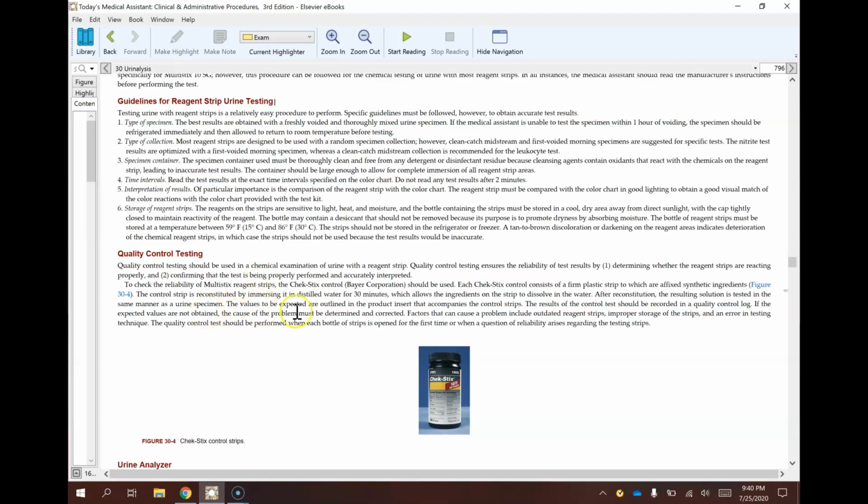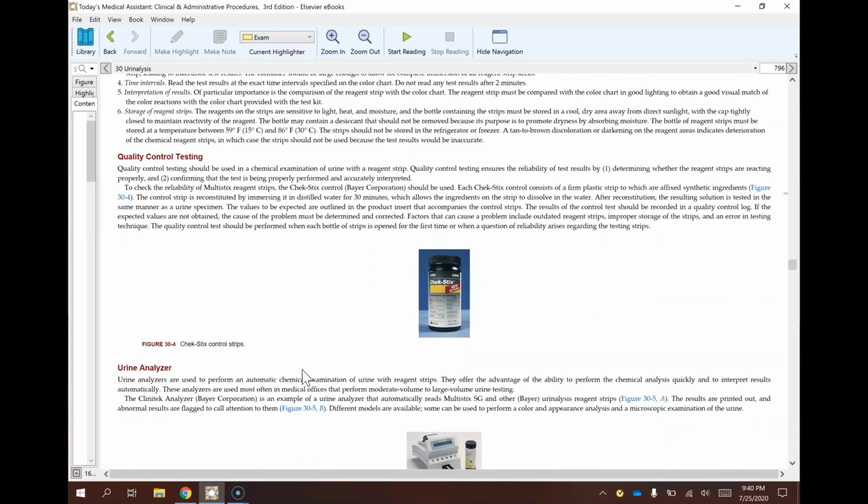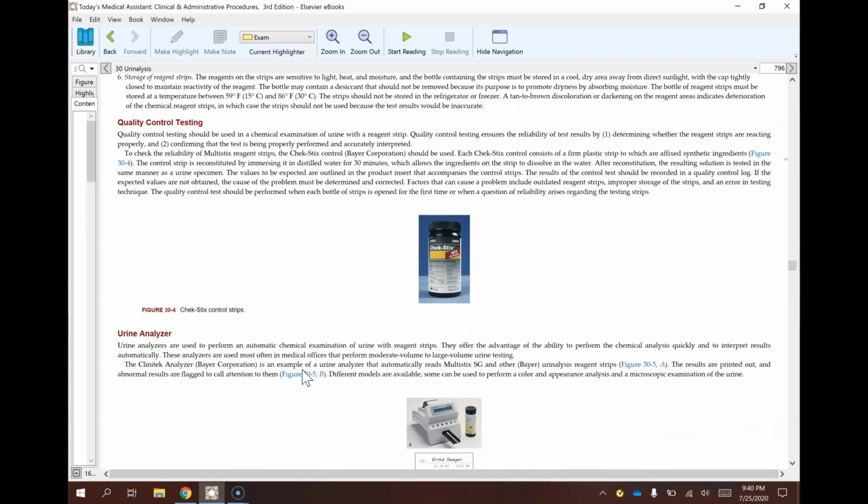Okay, so this is mainly talking about QA and QC. QA is quality analysis, and QC is quality control. And again, if something's expired, you may get a false result.